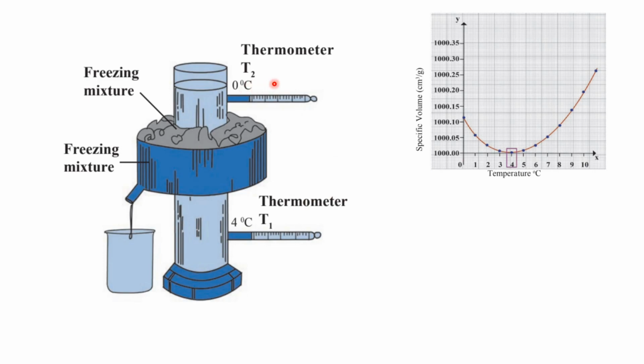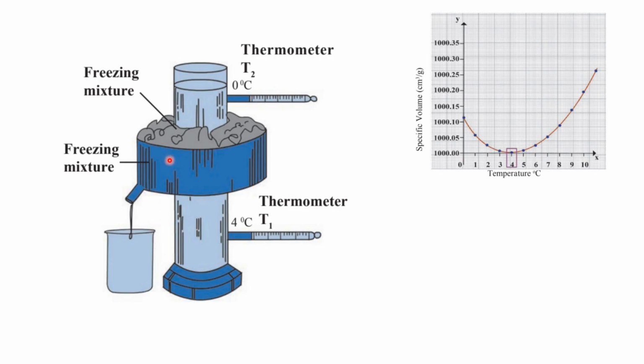This thermometer measures the temperature denoted by T2, and the lower one measures the temperature denoted by T1. The freezing mixture can be ice and some salt. This outlet is used to remove the melted ice from this apparatus so that it does not cause any hindrance.